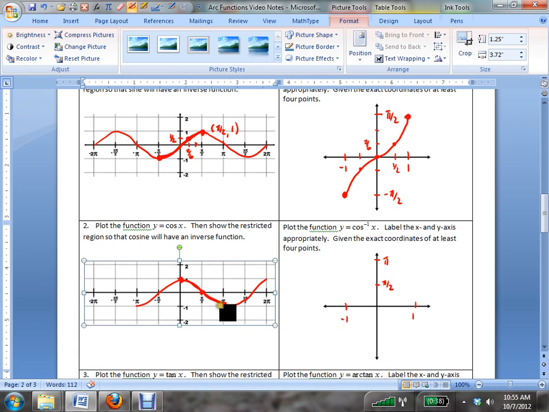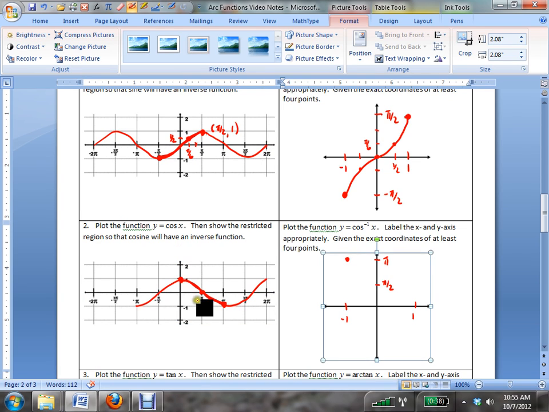So let's graph these 3 points first. -1 is pi. Pi over 2, 0 becomes 0, pi over 2. And then 1, 0 becomes 1, 0.